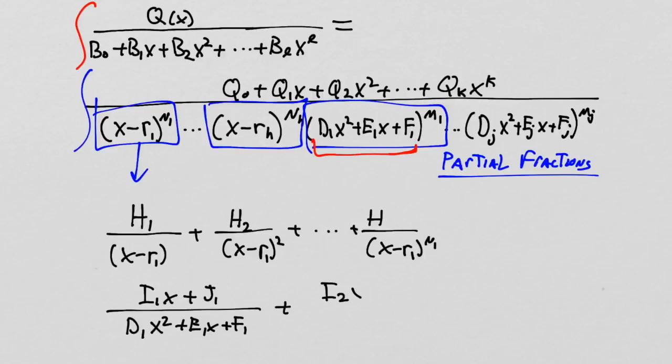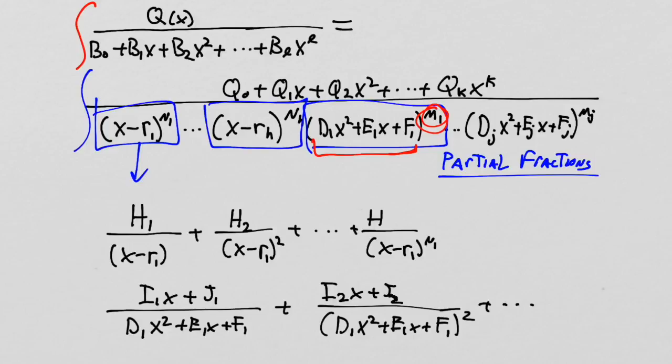There will be an i2 x plus j2 over, and then here it'll be d1 x squared plus e1 x plus f1, squared, plus dot dot dot all the way until you get to the n1th term, right? But each time it's linear on top. So each of these guys is going to contribute a sum that looks like that.